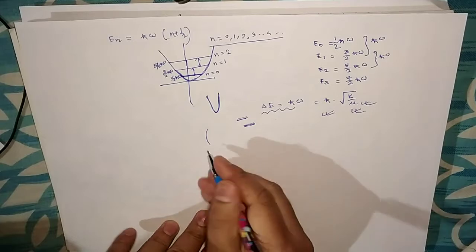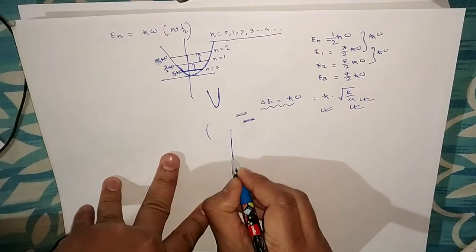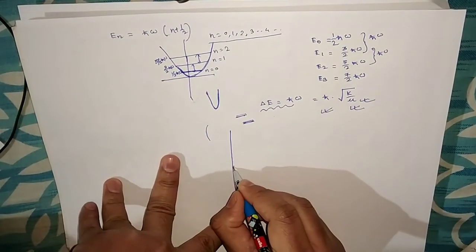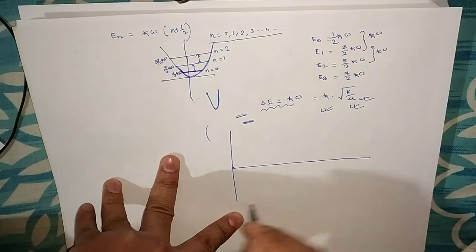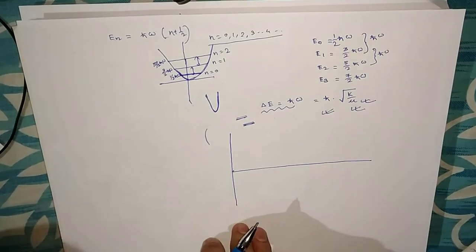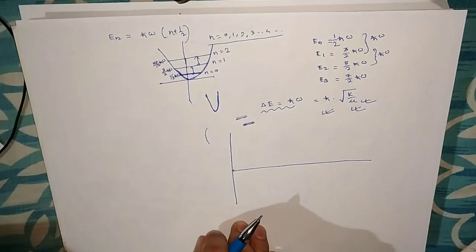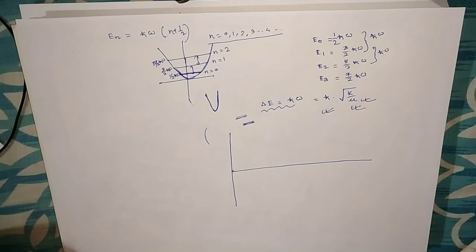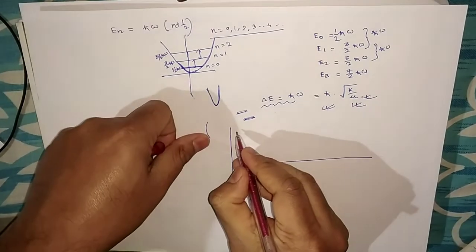So now again we will draw the actual harmonic oscillator. The potential energy function for the actual harmonic oscillator looks like this.